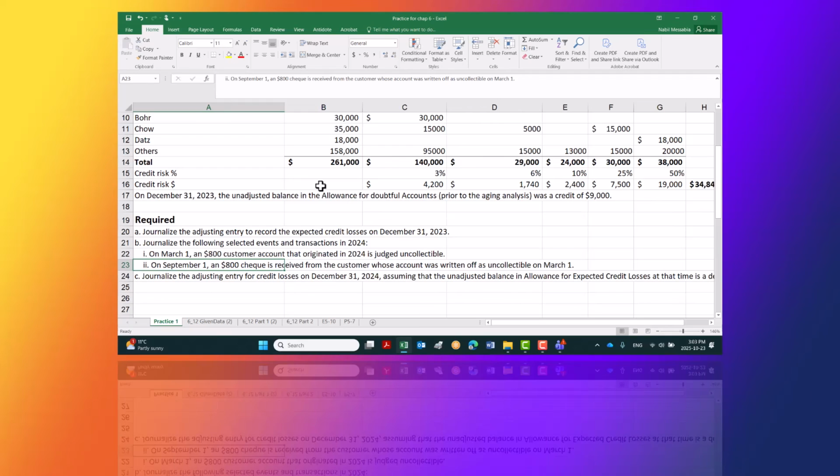Good news, many months later, there was a judgment and maybe the client received a donation from the government or something happens so that now they are able to pay that amount. But that amount was written off. The amount which we just collected was written off. So how are we going to account for this recovery?